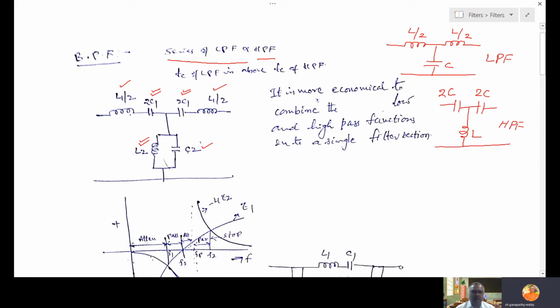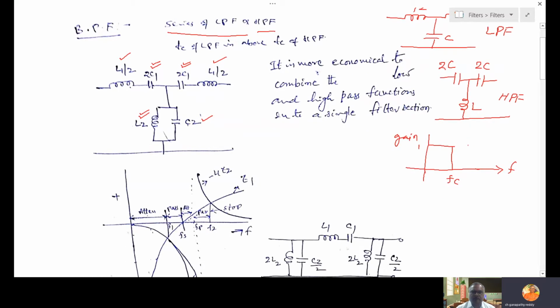For example, there are two ways of implementation. One way is, what is the low pass filter characteristic, like this, and the FC. This is some gain of 1.